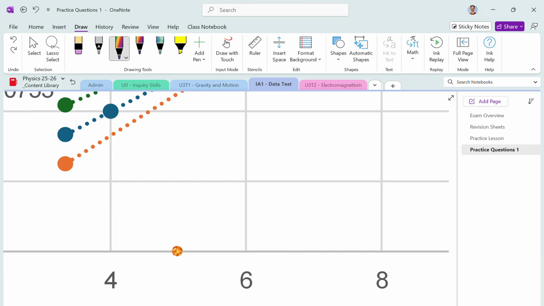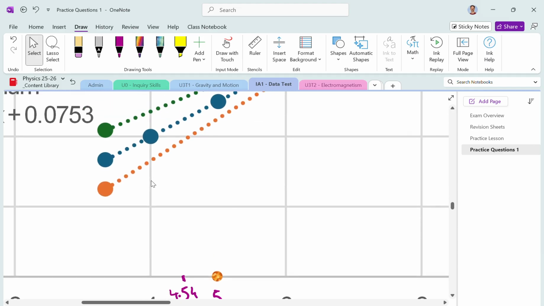Geez, that is very bright. Let me just change this to a different color. Just go to purple. I'll get quite a thin line. So that's 5. So then halfway between these two must be about 4.54, let's say. So with your ruler, you will draw a nice line up.